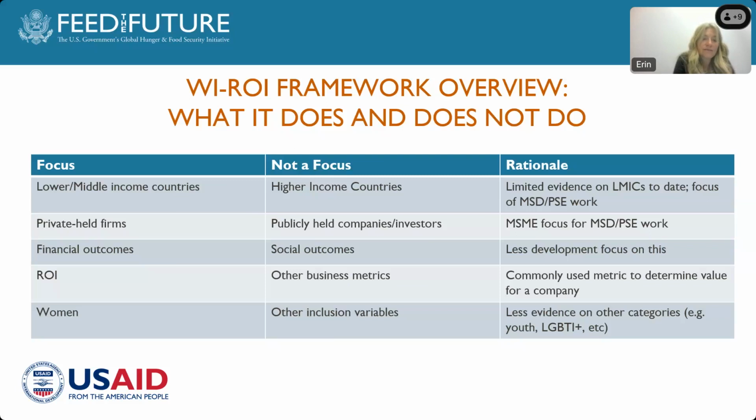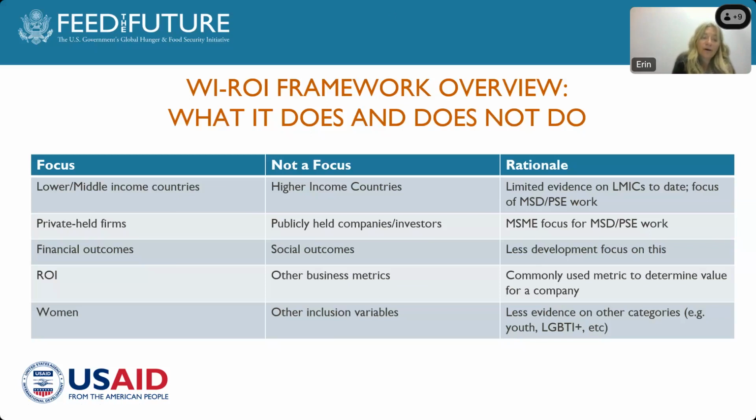And then in terms of looking at the ROI instead of some other business metrics, this is a really important thing, because this didn't come about lightly. It's a financial metric that we chose because it allows you to measure apples to apples. So say you're a fund manager managing a partnership facility with multiple private sector companies.